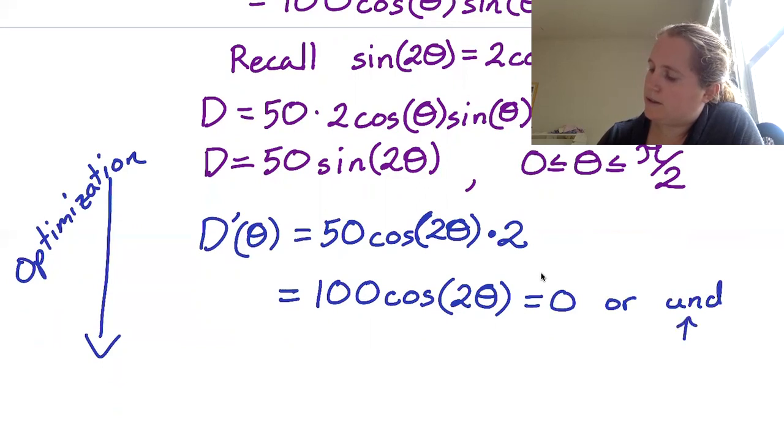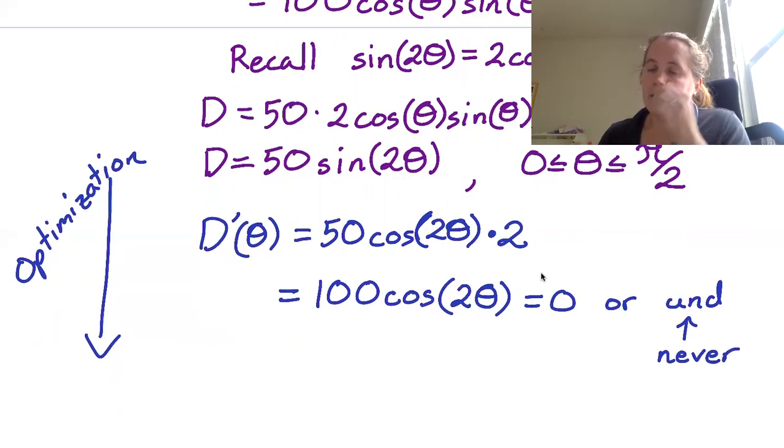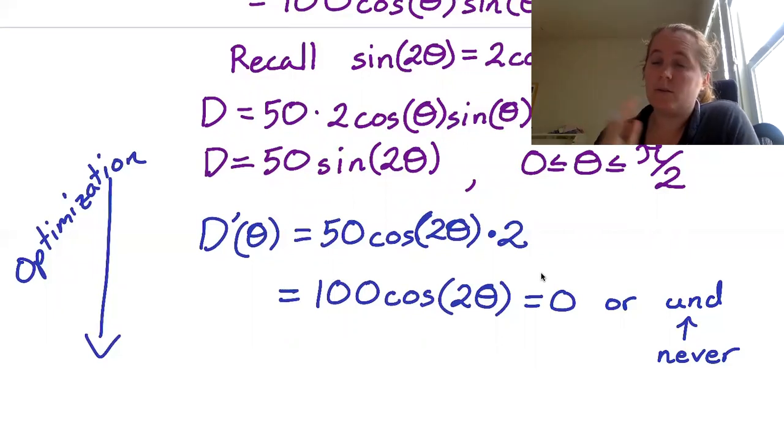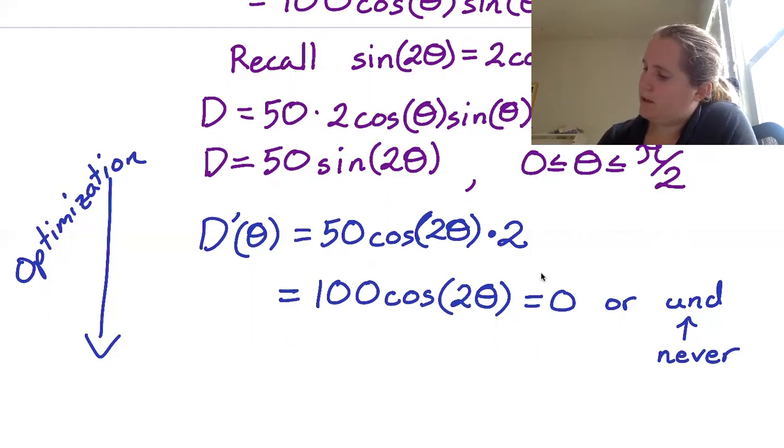So cosine is never undefined. And cosine is equal to 0 at, cosine on the unit circle is the x coordinate, right? And so cosine equals 0 when we're at the top or on the bottom.